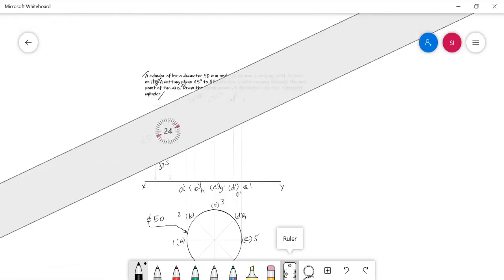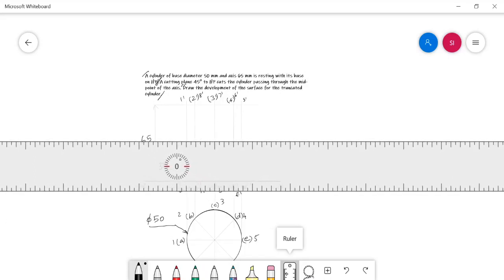I know a little approximation is acceptable.